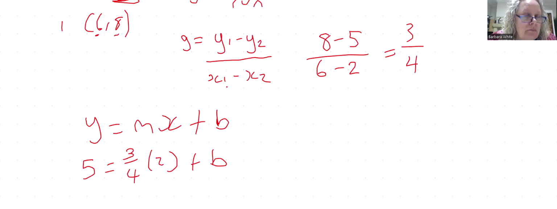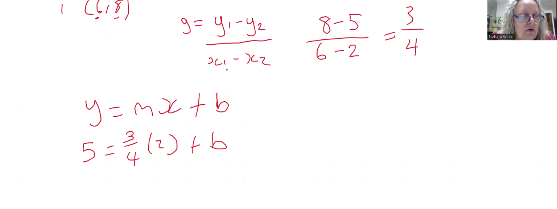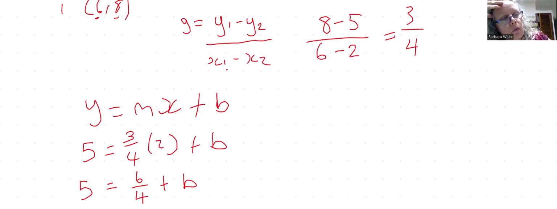Okay. So let's start by doing the 3/4 of 2 thing. 3 2s are 6. 6 divided by 4, that's a horrible number. All right. So we go 5, let's take away 6 over 4. That's a horrible number, but let's do it anyway.